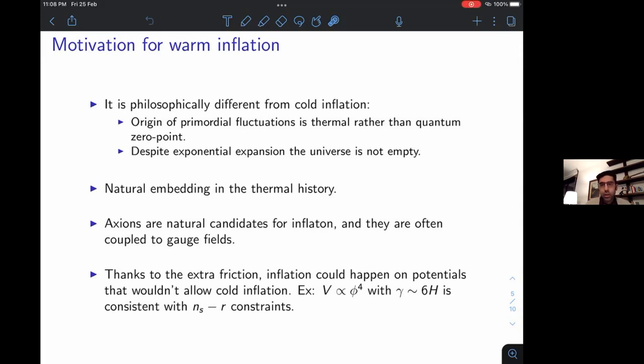It is very common to think of axion as a good candidate for inflaton, again because it has an approximate shift symmetry that protects its potential from getting large corrections, and axions are often coupled to gauge field theories.